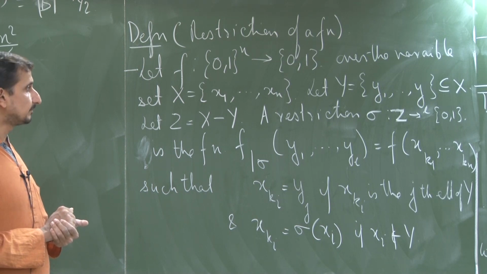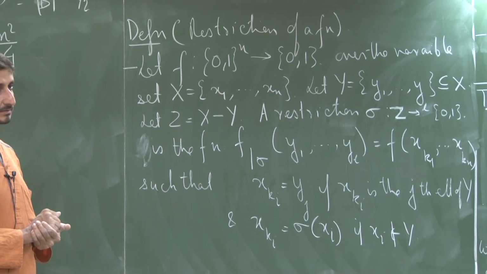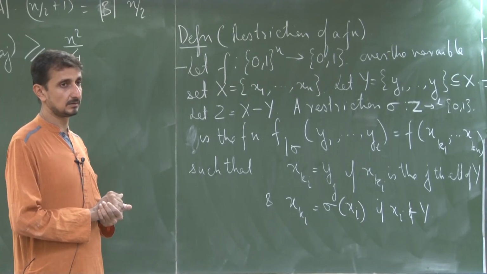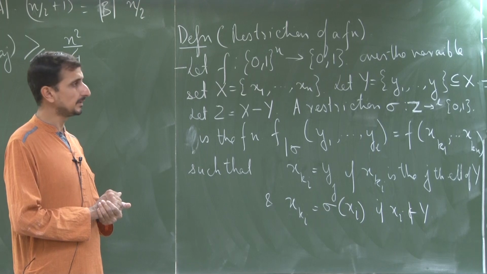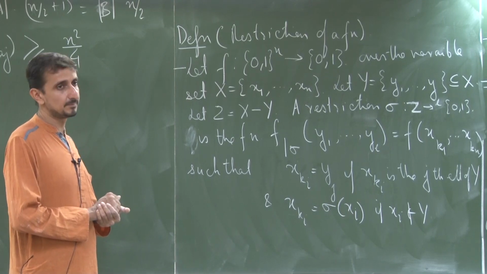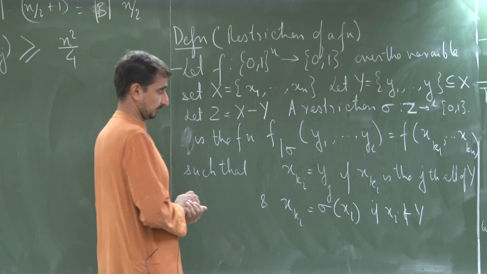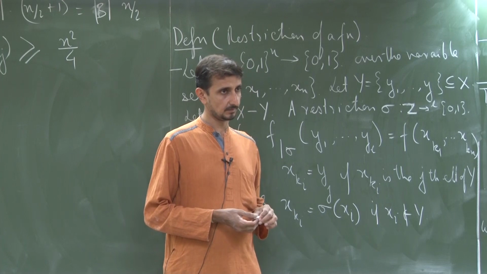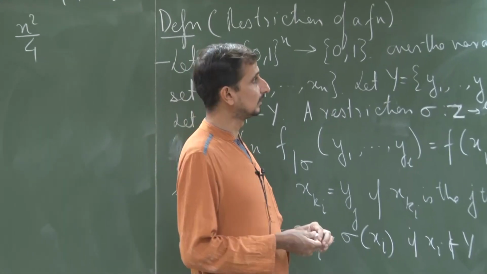If sigma is what you are calling a restriction, yes, the number of restrictions is just the number of functions from the set to zero, one. But then the number of subfunctions can be much more. It can be more, yes. Why the number of subfunctions can be the same, right?